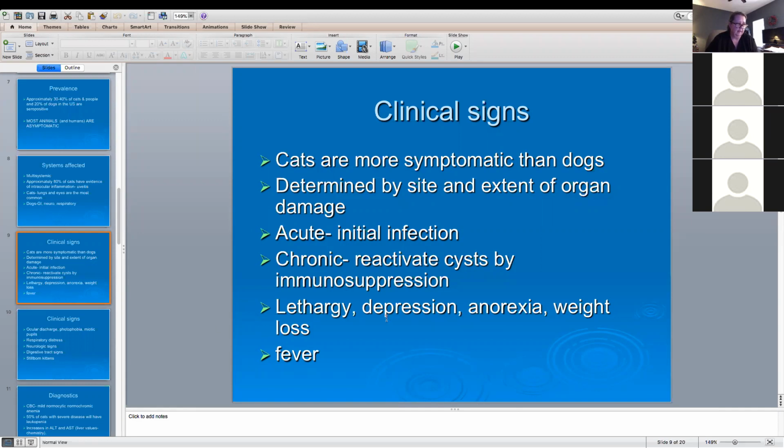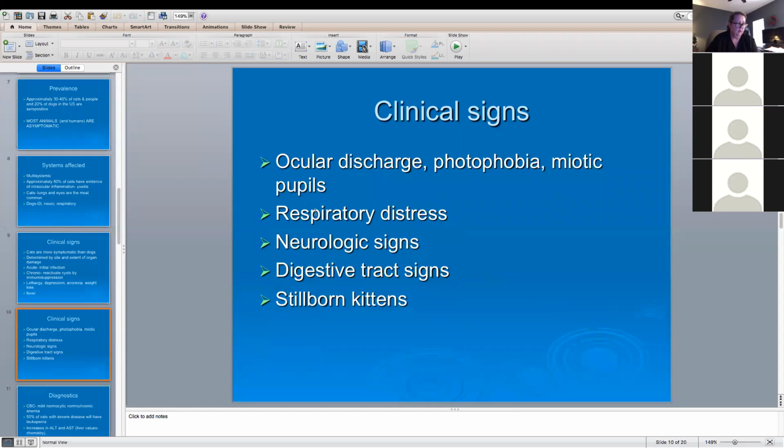And then again, lethargy, anorexia, weight loss, fever. Respiratory distress and neurologic signs occur if those cysts penetrate the nervous tissues, or sometimes they can form cysts in the lungs. If they have enough cyst formation, it can take up viable lung tissue, and they can show respiratory symptoms.